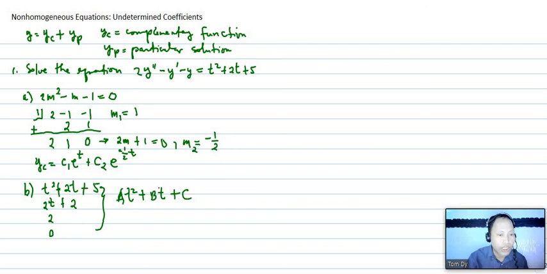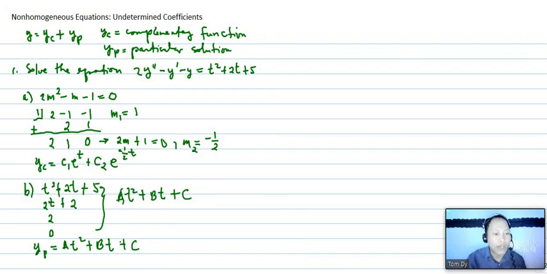So our y sub p is equivalent to a t squared plus bt plus c.